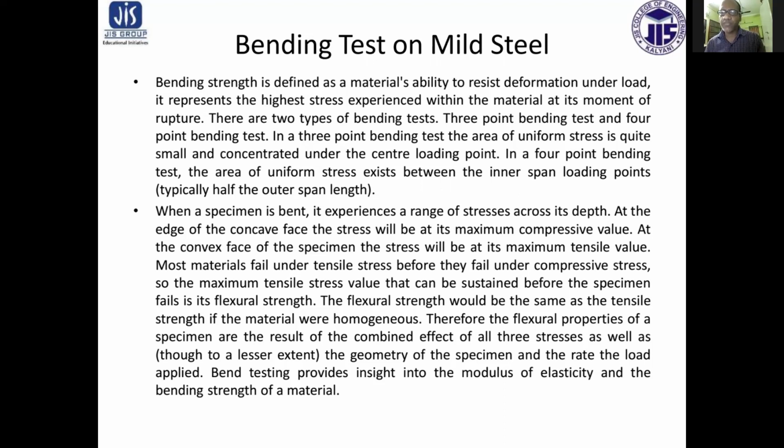There are two types of bending test: 3-point bending test and 4-point bending test. In a 3-point bending test, the area of uniform stress is quite small and concentrated under the center loading point. In a 4-point bending test, the area of uniform stress exists between the inner span loading points.